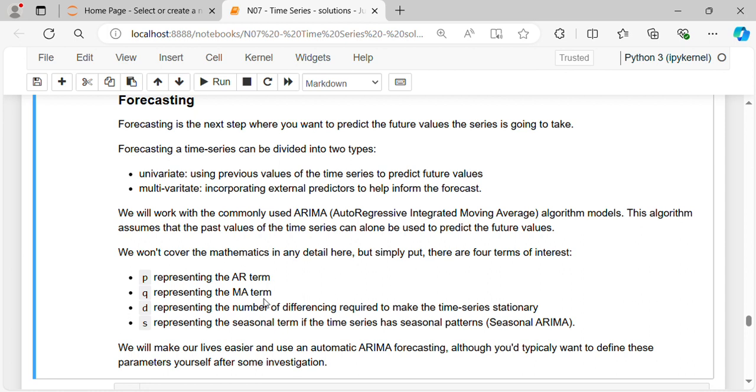We won't cover the mathematics in any detail here, but simply put, there are four terms of interest. P represents the auto-regressive term, Q represents the moving average term, D represents the number of differencing required to make the time series stationary, and S represents the seasonal term if the time series has seasonal patterns, seasonal autoregressive integrated moving average.